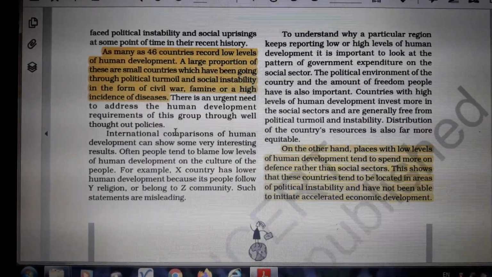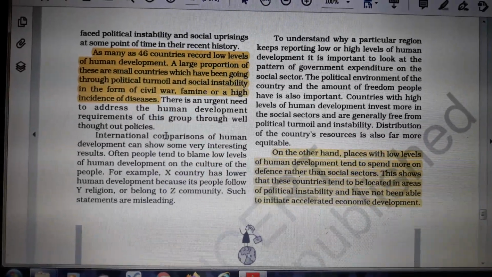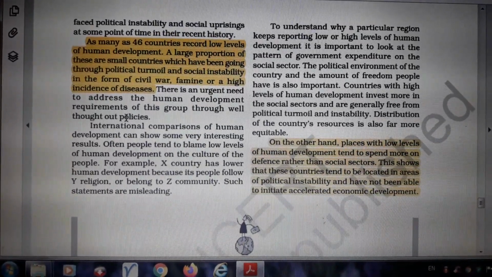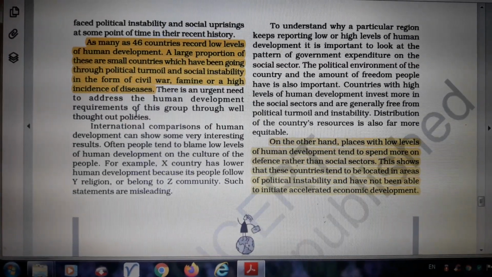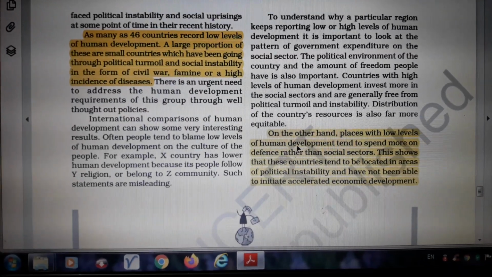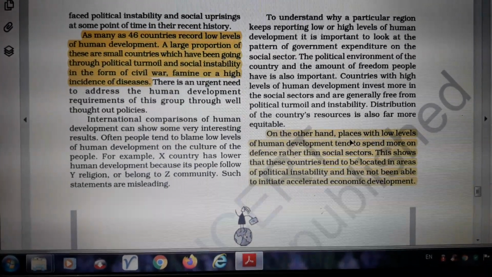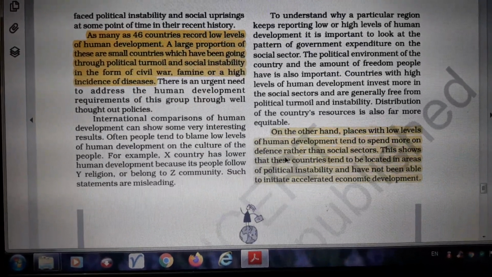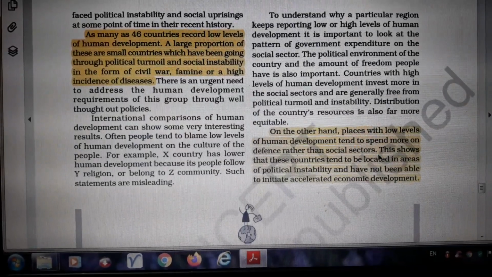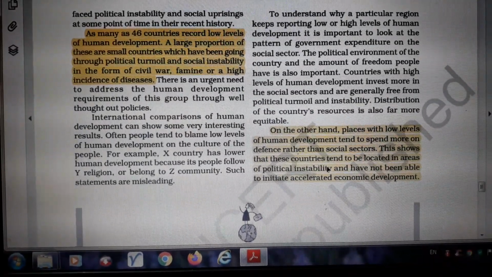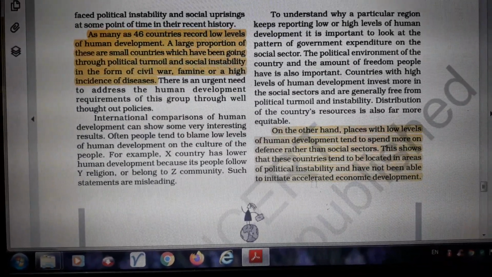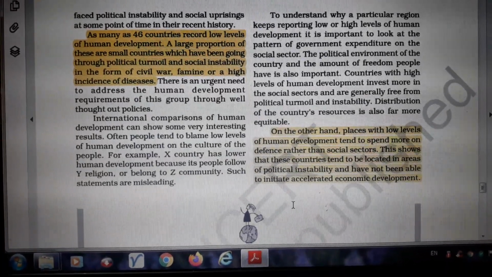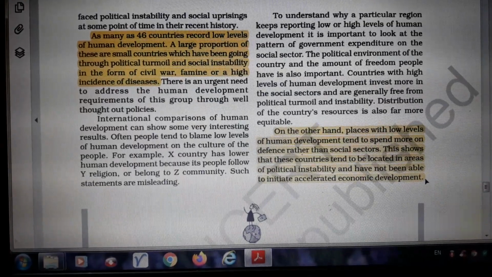That is why they are unable to give importance to education and other development, like some countries in Africa. On the other hand, countries with a low level of human development spend more on defense rather than the social sector. This shows that these countries tend to be located in areas of political instability and have not been able to initiate and accelerate economic development.